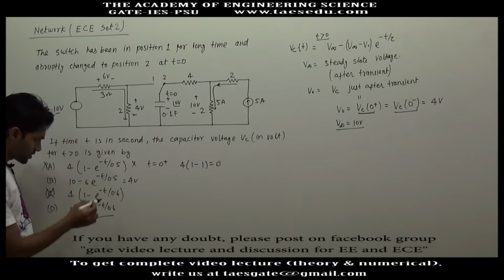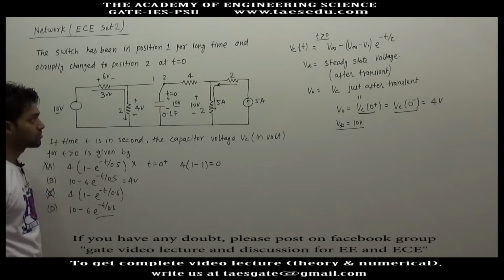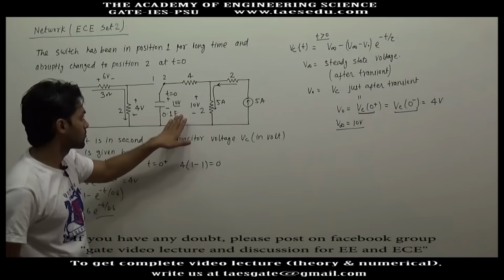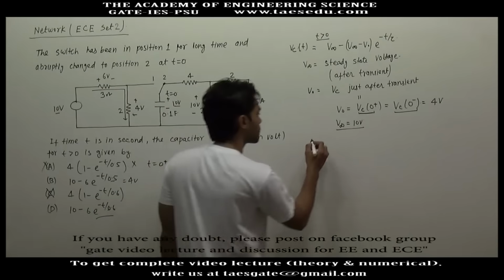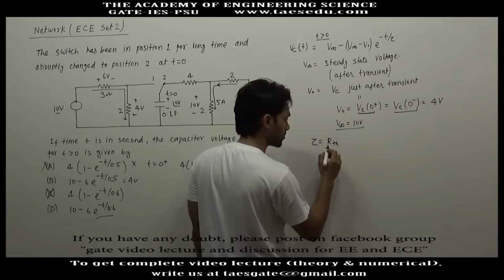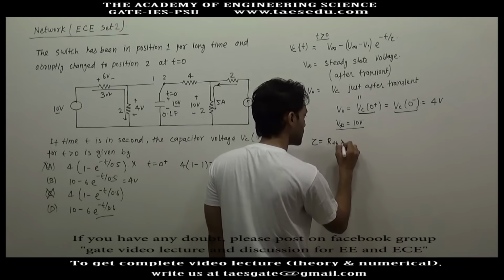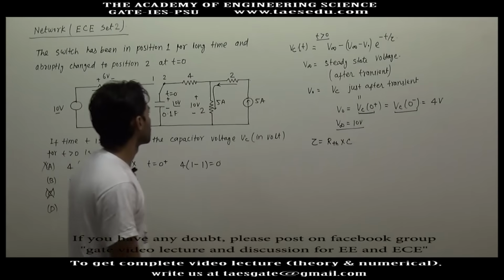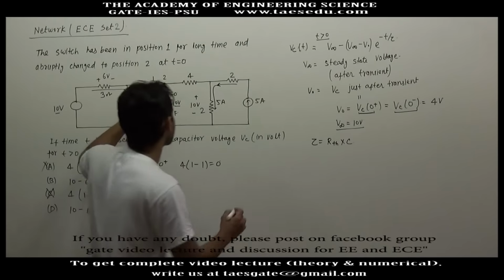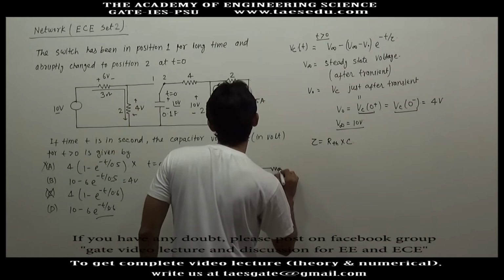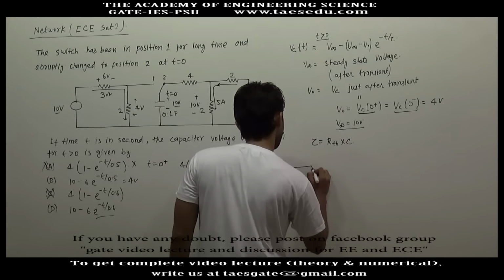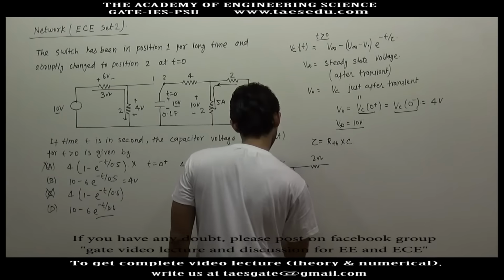But in these two options the time constants are different. So you check the time constant of this circuit. Time constant is nothing but the Thevenin equivalent resistance across the terminals of C into the capacitance. So across this terminal you have to find the Thevenin equivalent resistance. You have 4 ohm here, this is 2 ohm, this is 4 ohm, and this is 2 ohm.